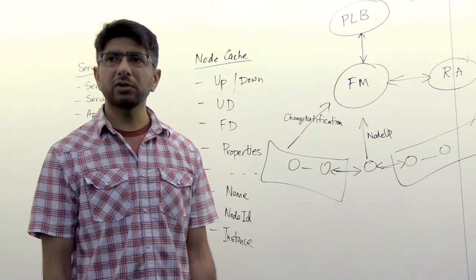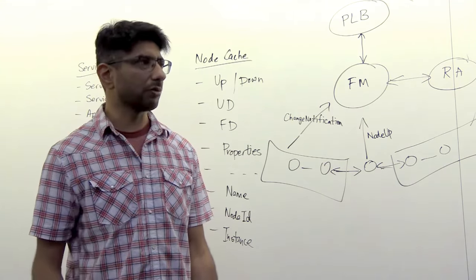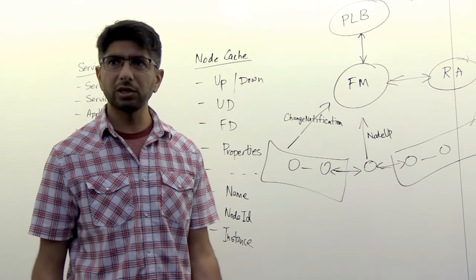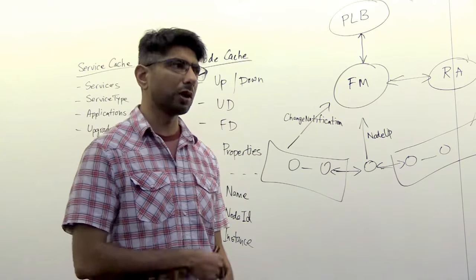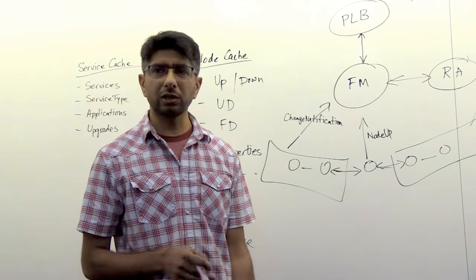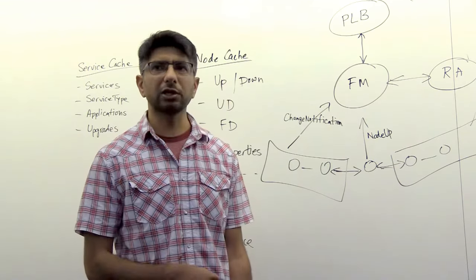In each application, we can have multiple service types and multiple code packages. We may not be upgrading all of them at the same time. We may be upgrading only one code package. So the first thing FM does is identify exactly what in the application is getting impacted by that upgrade.